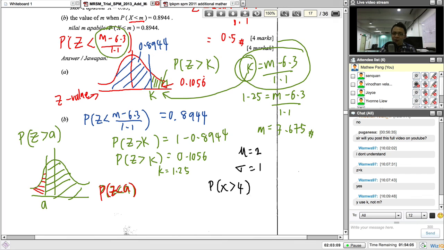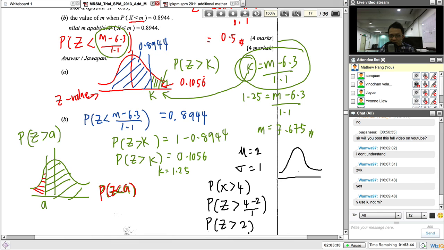So the first step is, in order to use the bell-shaped diagram, we have to change our X to Z, right? So Z will be bigger than 4 minus 2 over 1, which is 2 over 1, which is 2.